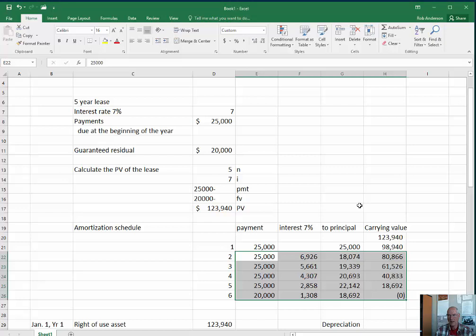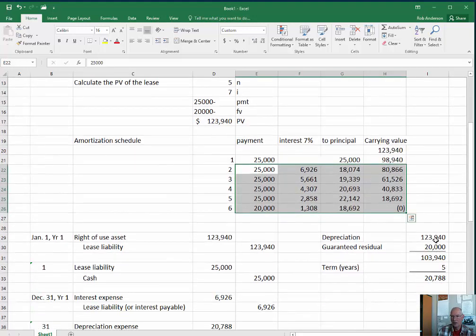So let's have a look at depreciation. And you may recall from the first video or from your other reading that if you have a guaranteed residual, then you're going to treat it when you calculate depreciation just like you would a residual value in equipment you had purchased and you intended to dispose of in 5 years.